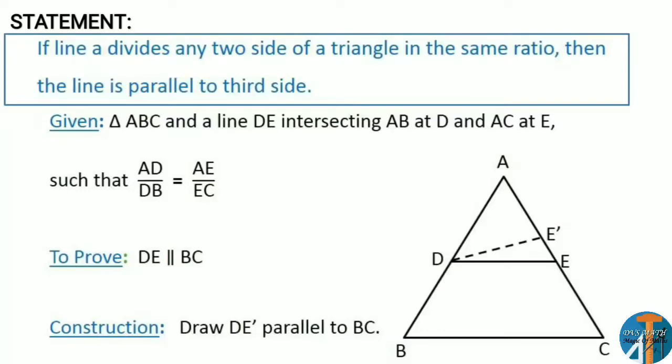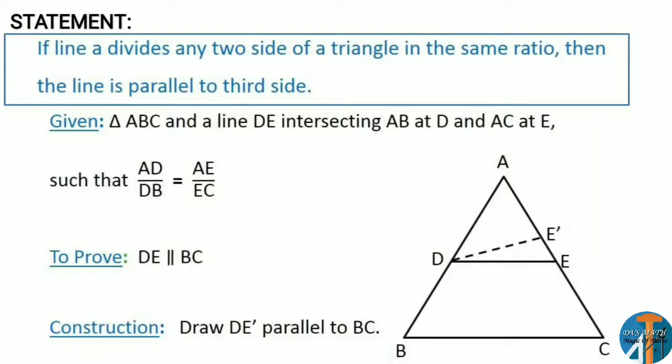There the line is parallel to one side and we proved that the other two sides are in the same ratio. But now they are giving that the other two sides of the triangle are in the same ratio, and we have to prove that the line is parallel to the third side.